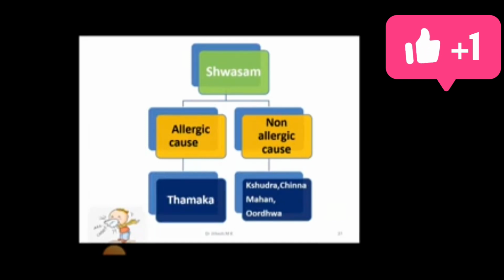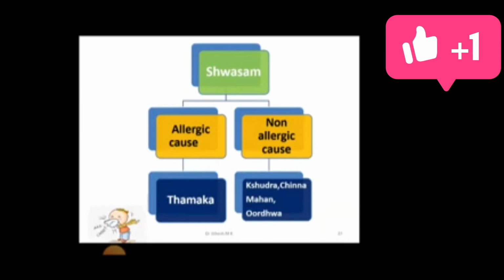So our first line of diagnosis should be whether this Swasa is allergic or due to any other reasons. The allergic cause is nothing but Tamaka Swasa. Simple Tamaka Swasa we can include. The only possibility of allergic asthma is Tamaka Swasa.